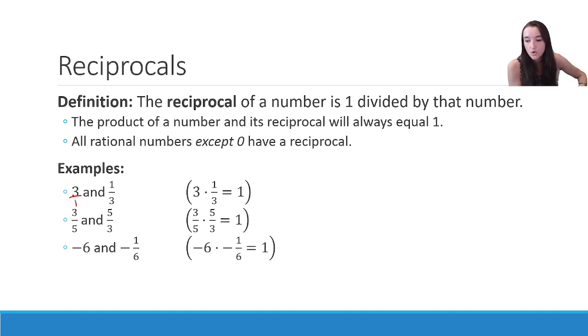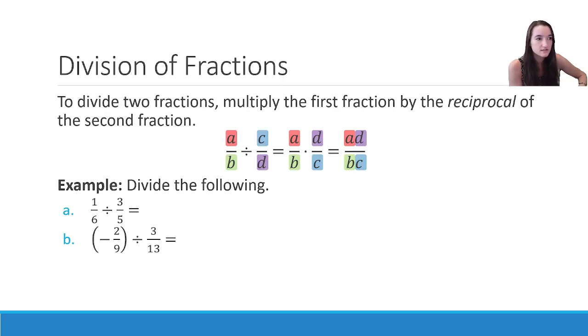The reason this is important is because when we divide fractions, we basically just take the second fraction, the one that's being divided by, and multiply by its reciprocal. So a over b divided by c over d: the c over d gets flipped over for multiplication. So we do a over b times d over c, and we do the same multiplication we did before, where ad is in the numerator and bc goes in the denominator.